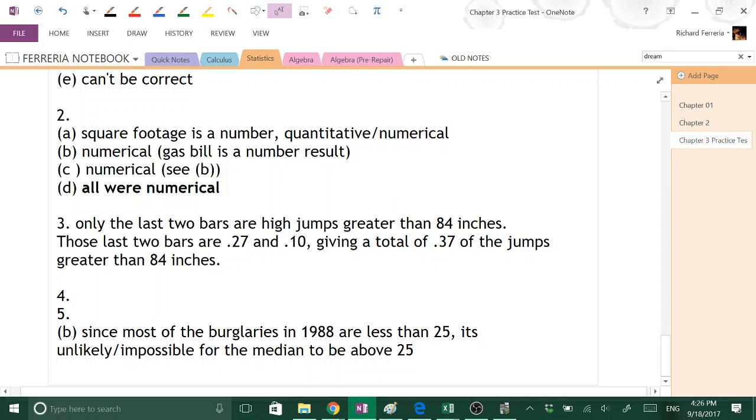If the median is above 25, that means at least half of the months have more than 25 burglaries, and at least half have less than or equal to 25.